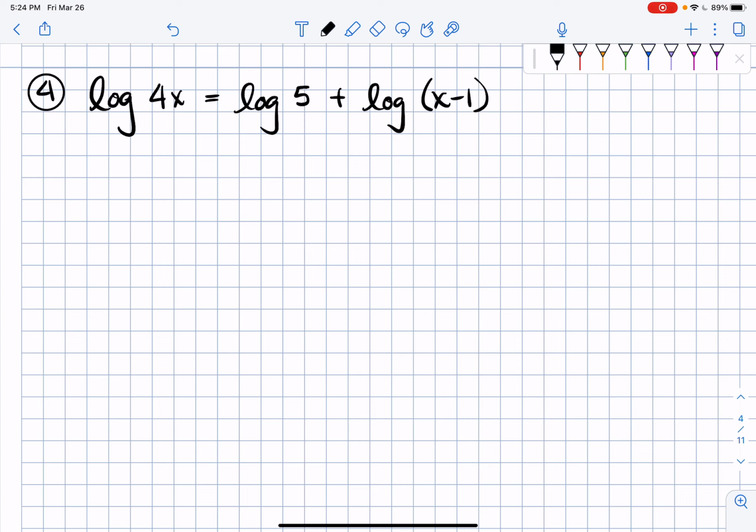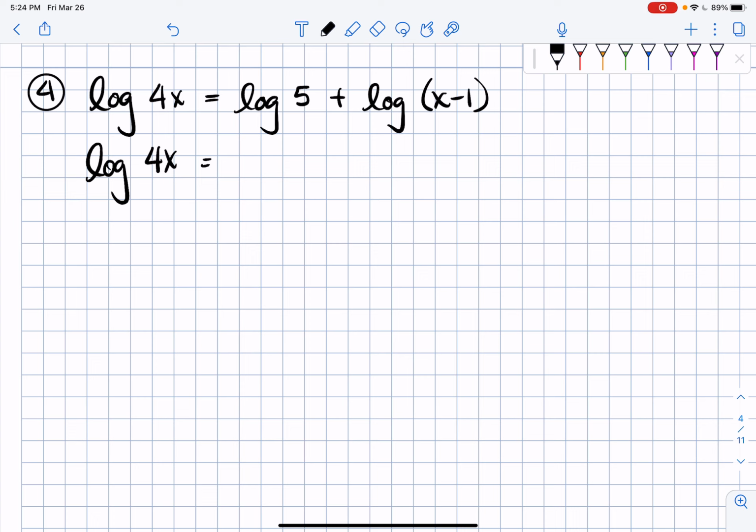Great question. How about we just deal with exactly what's here on the right side? What we have here is log of 4x. And don't get me wrong, if there's no base, what is the base? That's right, it's 10. A base of 10 is called the common log.